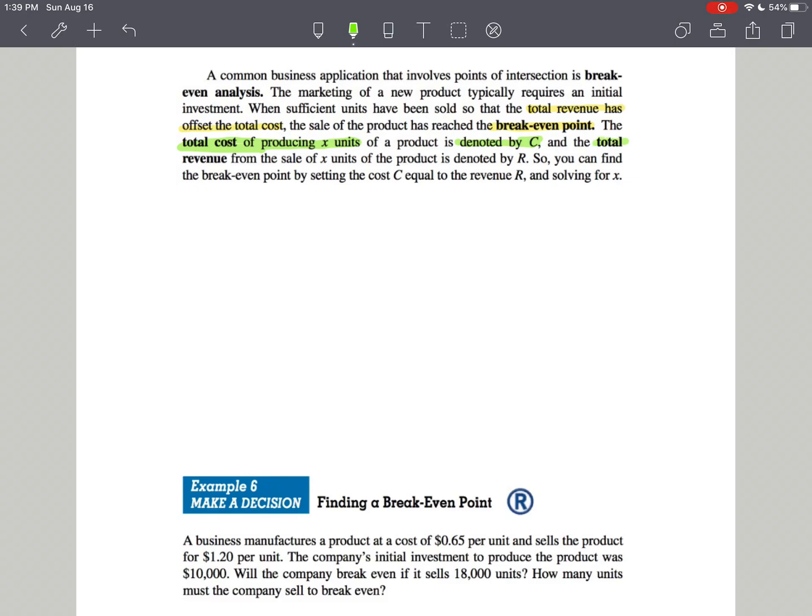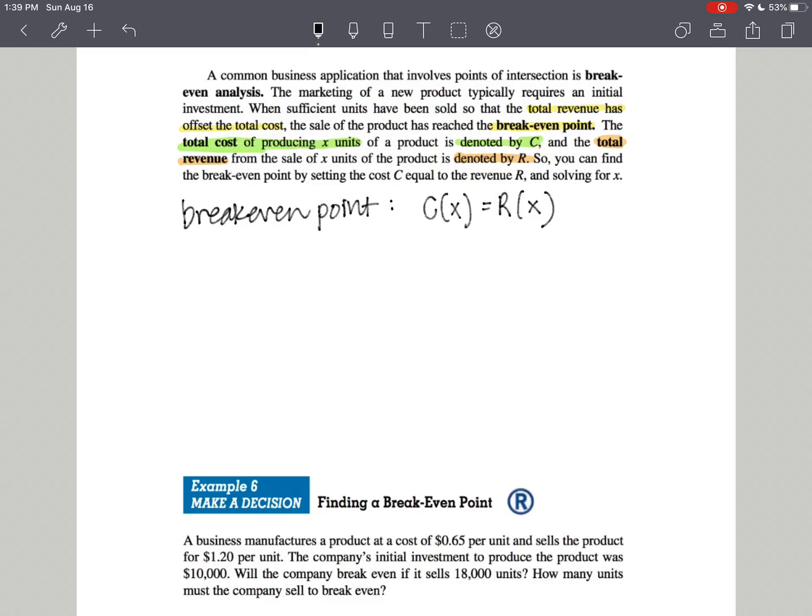And the total revenue is going to be R. Let's use a different color for that one. The total revenue is going to be R. So the break-even point is when C of X equals R of X. Quite simply, it's exactly what happens, okay?